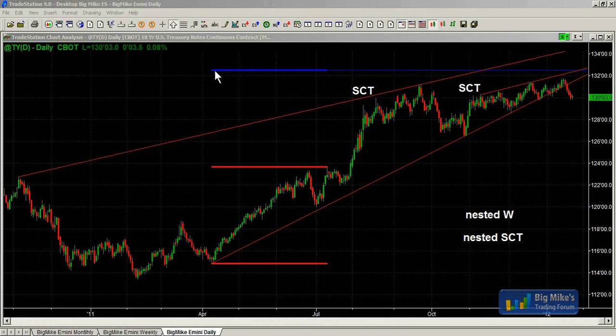However, whenever the market turns, it always turns. Whenever a bull trend turns, it always turns down at resistance. Whenever a bear trend turns up, or whenever a pullback in a bull trend ends, it always turns up at support.